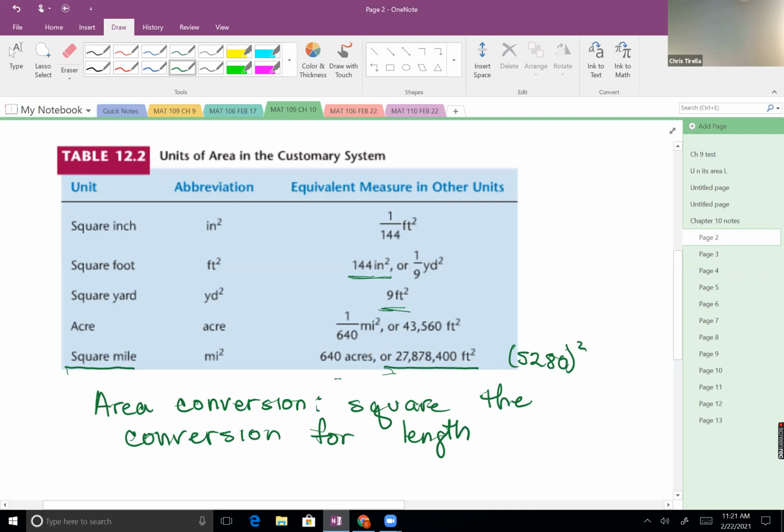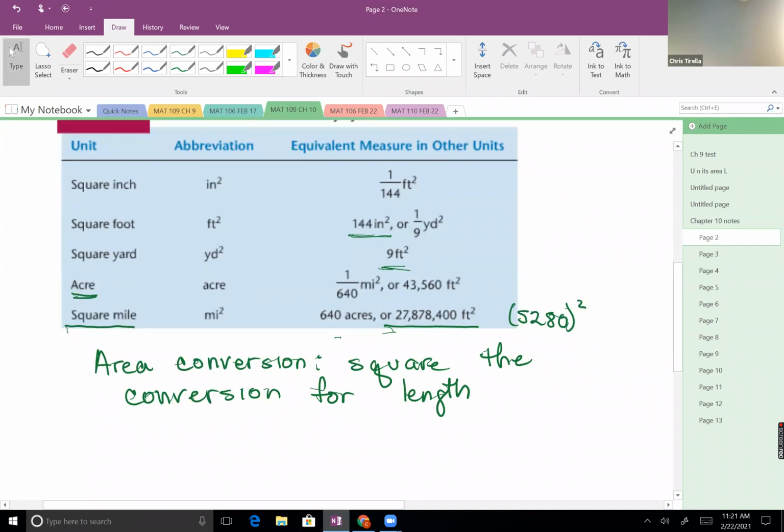One unit though that I'm going to ask that you remember is an acre. And what you need to remember is that 1 square mile is 640 acres.